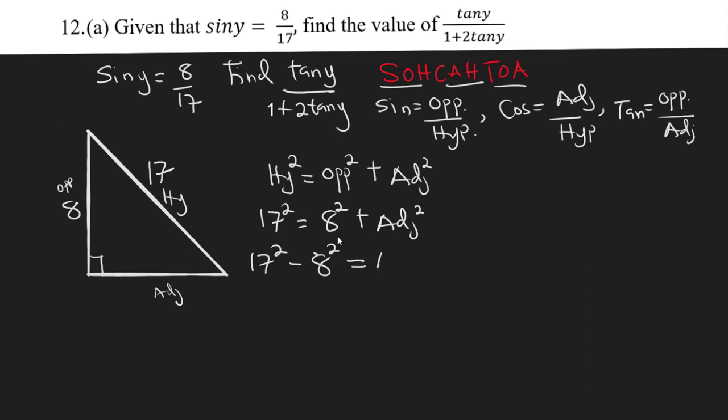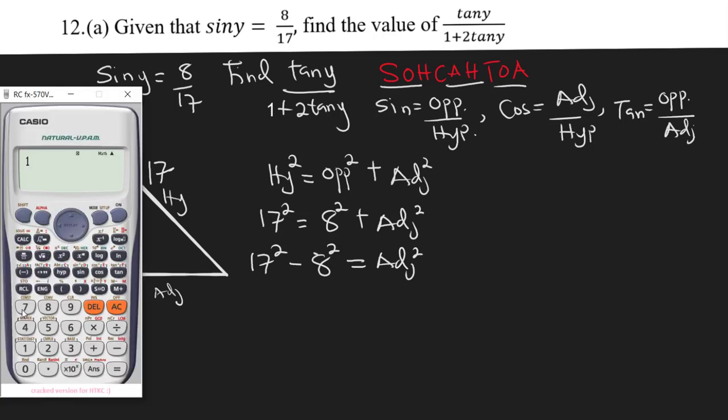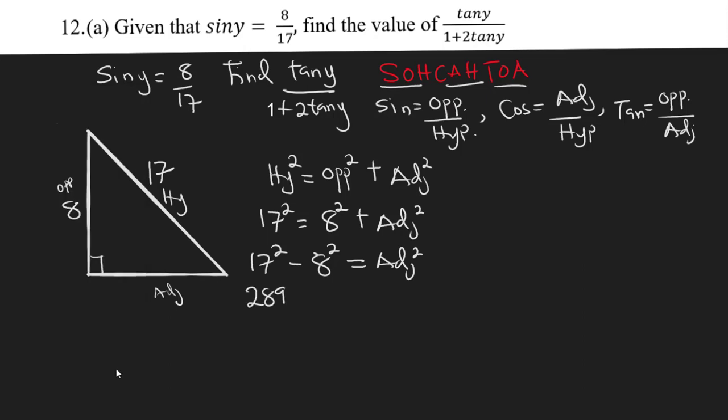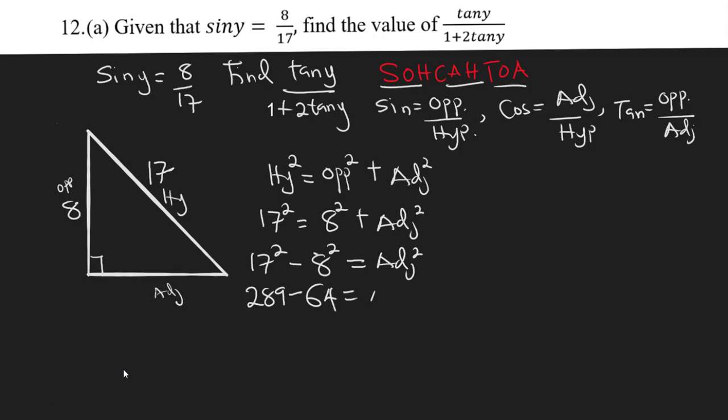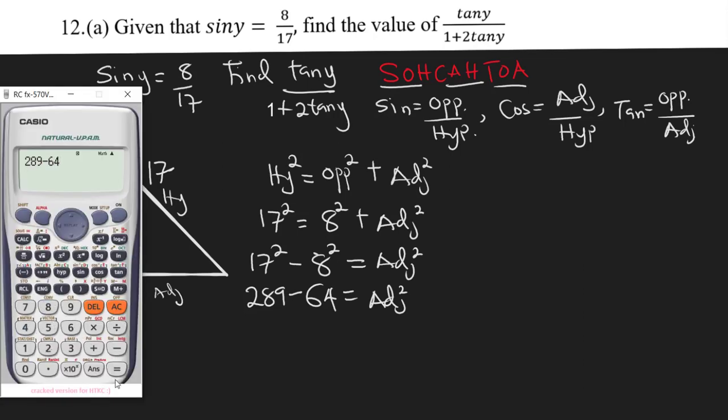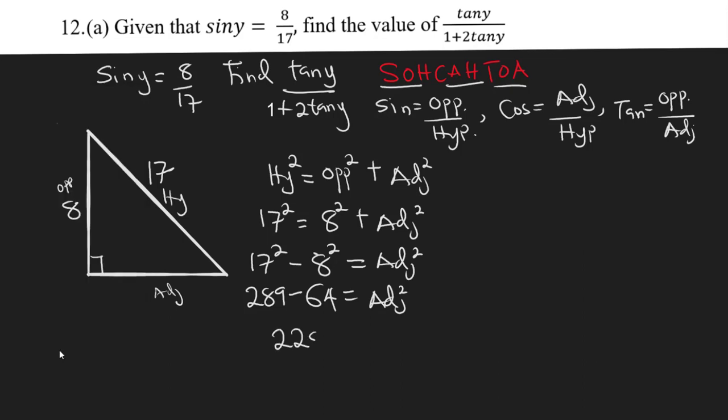It's equal to our adjacent squared. 17 squared is equal to 289. 289 minus 8 squared, which is 64, is equal to our adjacent squared. So 289 minus 64 is equal to 225. We have 225 is equal to adjacent squared.